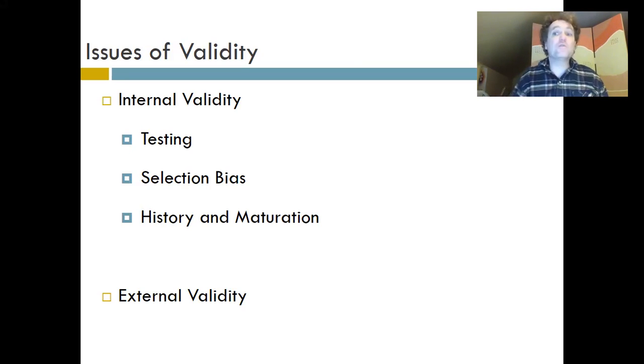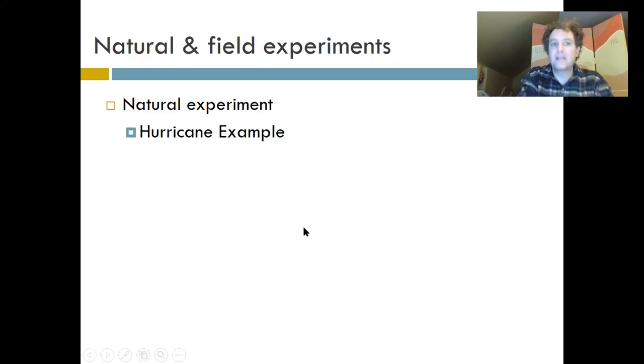Okay, how do you get around external validity? What's a way to solve it? Well, a way to solve external validity is what's called natural and field experiments. These are experiments that don't happen in a lab, but actually happen out in the world.